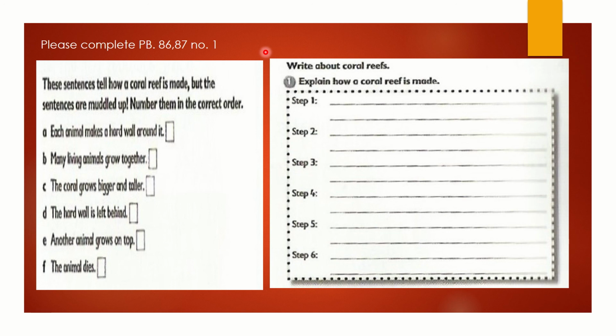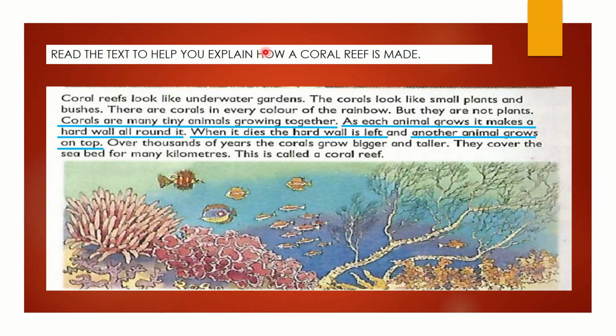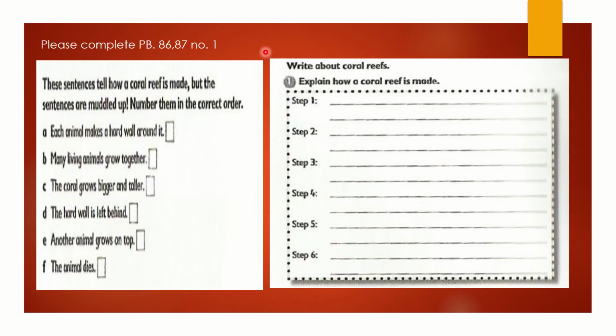Now, we need to make sure that these steps are in the right order. If you can't remember, you can always pause the video and go back to the previous slide. This one. Let's try and see what happened first.